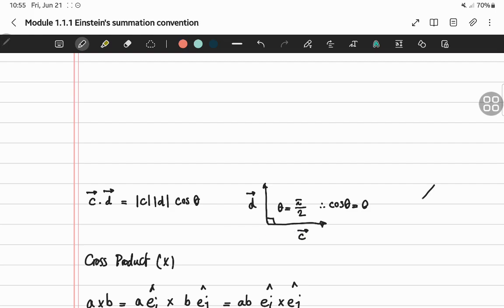But if they were not orthogonal, let's say the angle was pi third, then the cosine theta was half. And then we had the result of the dot product as a scalar, so it was a zeroth order tensor.